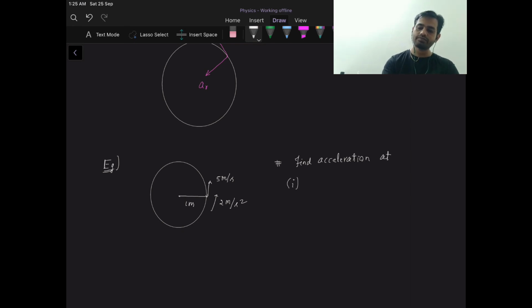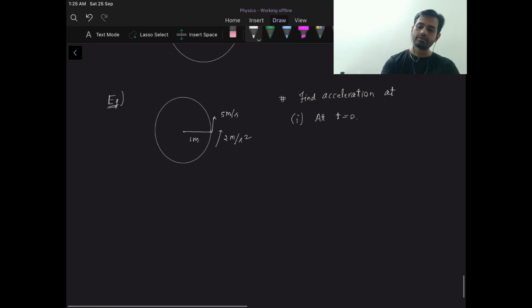First at t equal to 0, and second at t equal to 1 second.